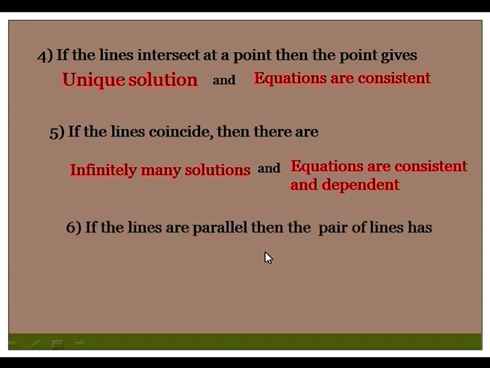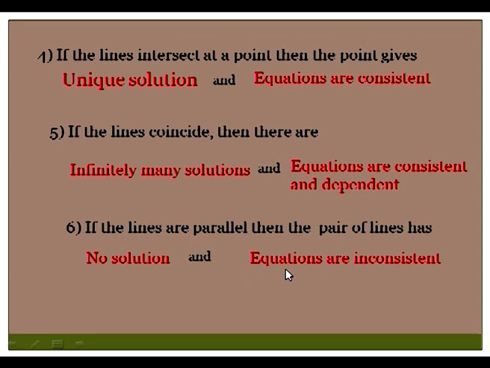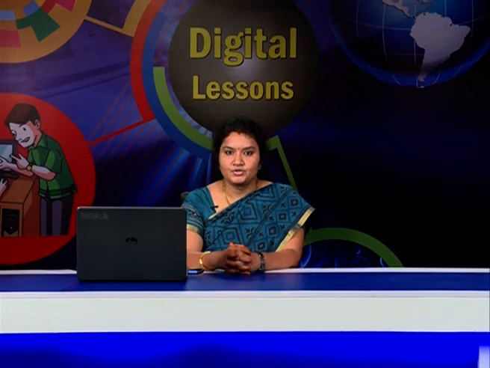If the lines are parallel, then the pair of lines has no solution and the equations are inconsistent. Hope you all understood how to find the solutions for the given pair of linear equations in two variables using graphical methods and what is the nature of the graphs.